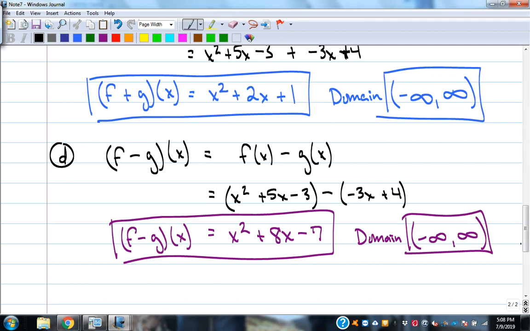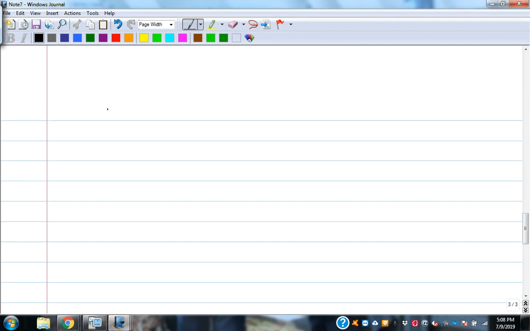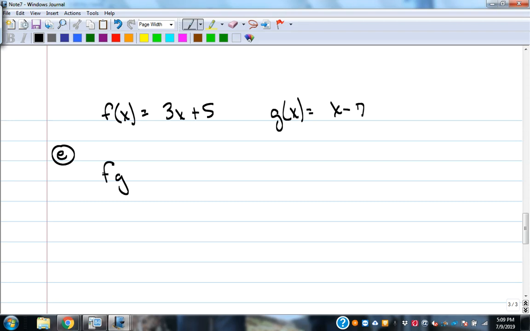Okay, so let's get a couple of different functions. Let's say f of x is 3x plus 5, and g of x is x minus 7, something like that. It's simple stuff here. And the function operation we want to do looks like this: f g of x.